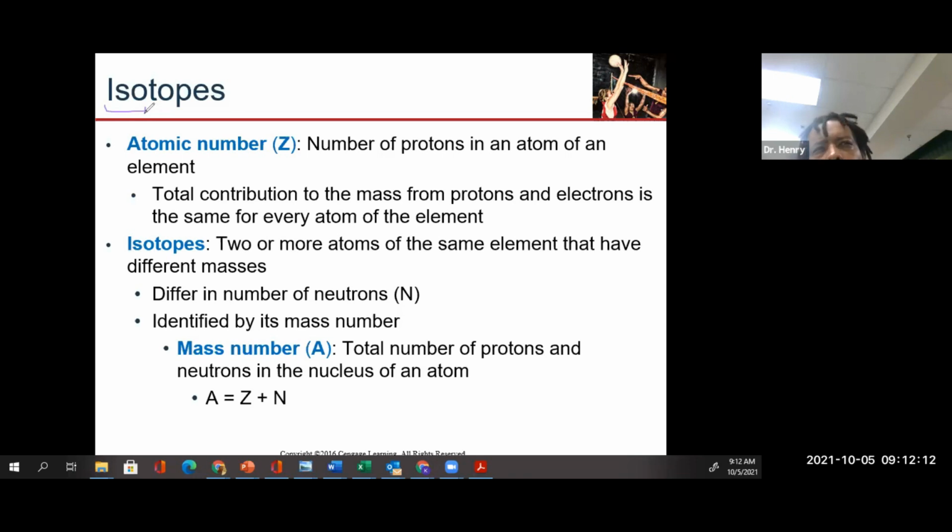Now, what defines the element? What makes carbon carbon? Anyone? Just mentioned a few minutes ago.